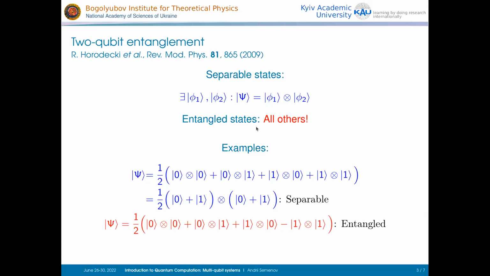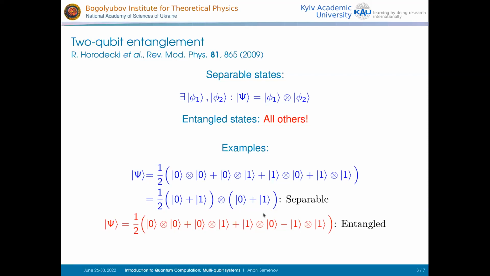Why? Once a state is separable, you can simulate each qubit separately, and this can already be done with a classical machine. When it is inseparable, you should manipulate all qubits together and you cannot simulate each qubit separately. This is an important thing.